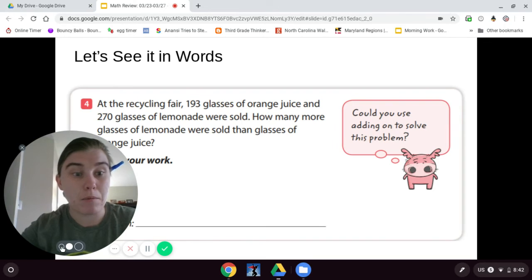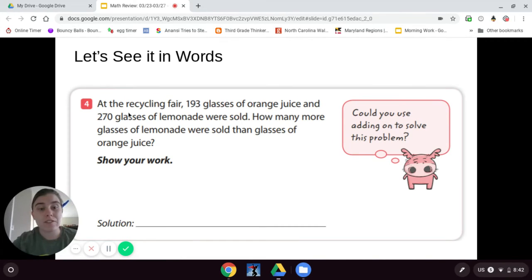At the recycling fair, 193 glasses of orange juice and 270 glasses of lemonade were sold. How many more glasses of lemonade were sold than glasses of orange juice?